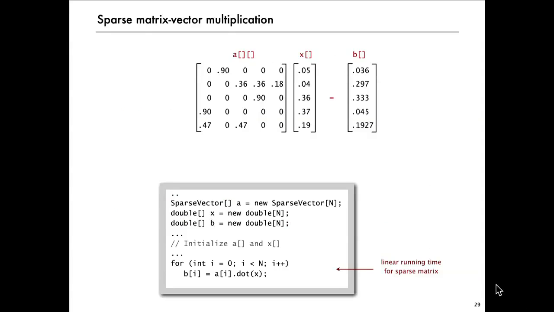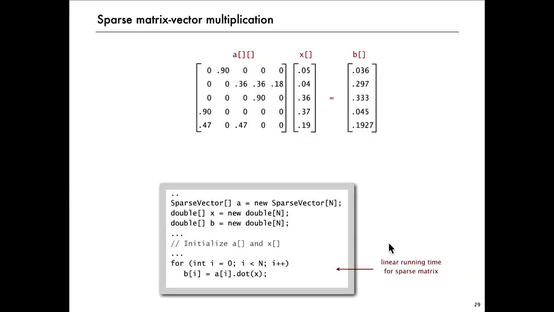So now, if we have a sparse matrix times a vector, our running time is proportional to the number of non-zero entries for each row, which means that the running time is going to be linear for a sparse matrix just by the use of a symbol table.